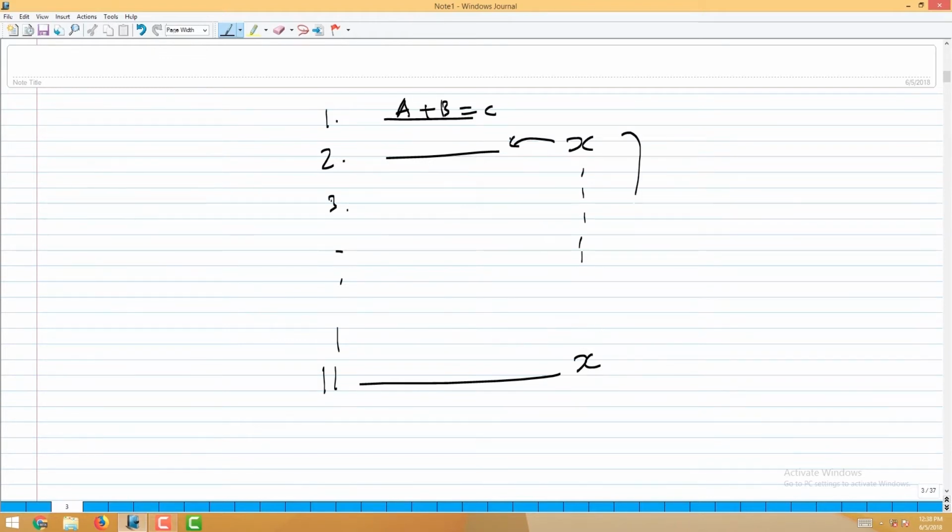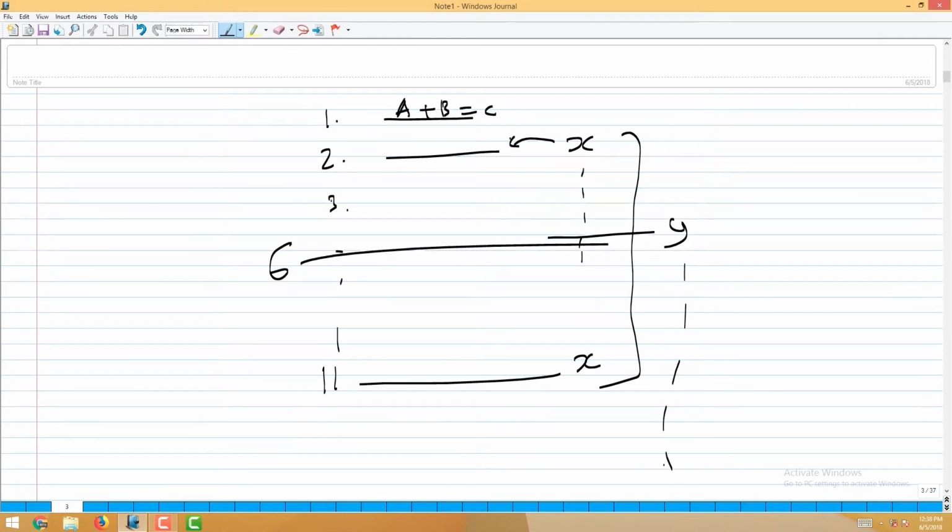So the compiler has to understand that beyond this, x is not required. On the other hand, there is another variable y which started at instruction number 6 but goes all the way to instruction 15. Before that it is not used, after that it is not used. And there can be another variable which lives from instruction 100 to 200.